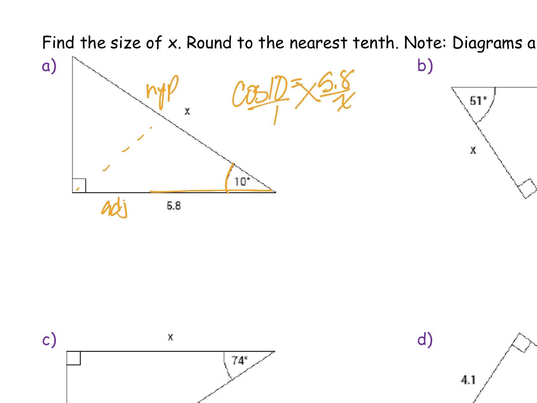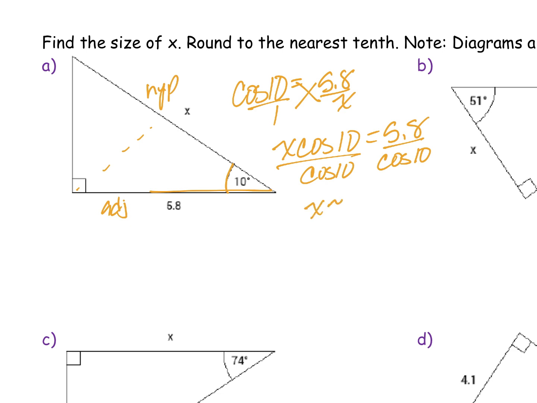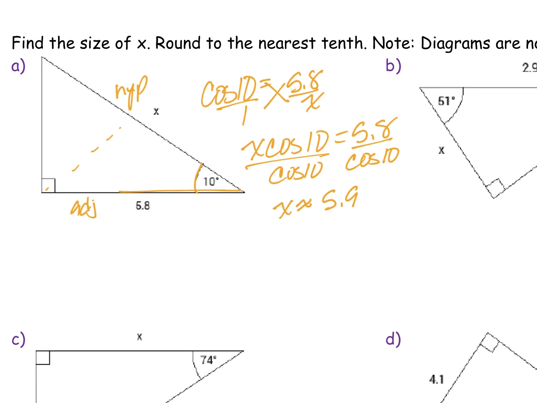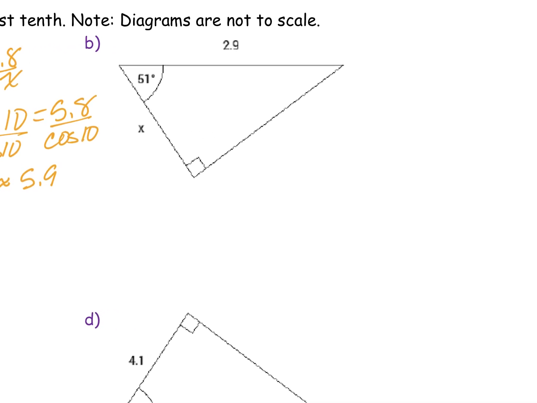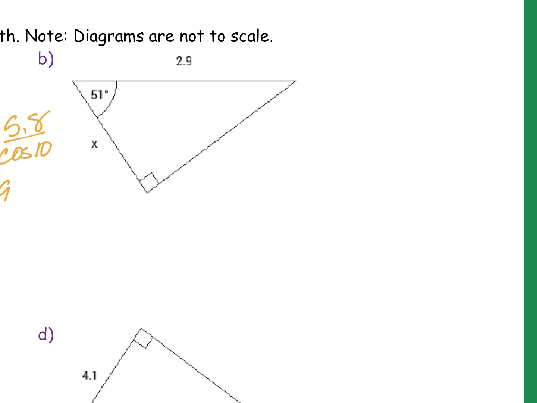Cross multiply, I get x cosine of 10 equals 5.8. Divide by cosine of 10. It's not cos, it's cosine. X is 5.9. I got that one right.